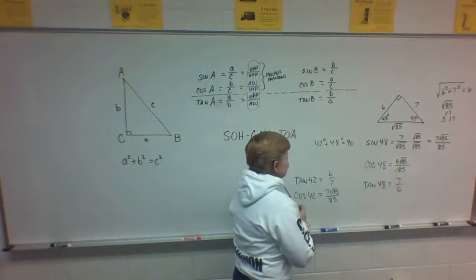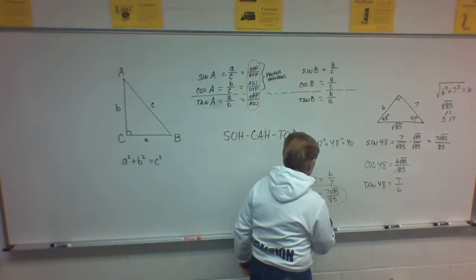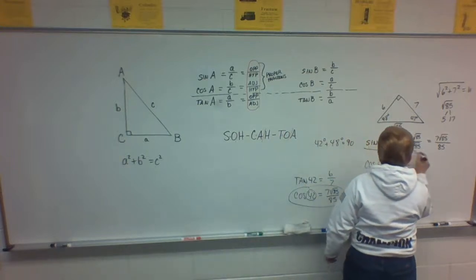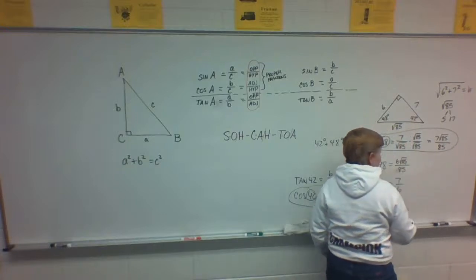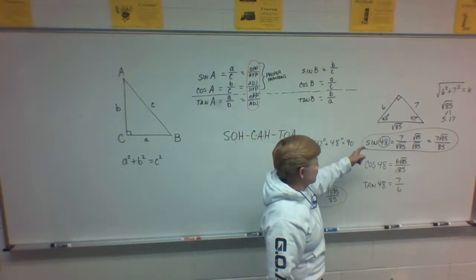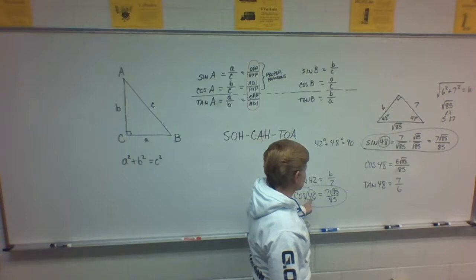So see if you understand this now, based on the fact that this, which was 42, was the same as this, the end result over here, which was 48. Those are complements, right? The sine of an angle is equal to the cosine of its complement.